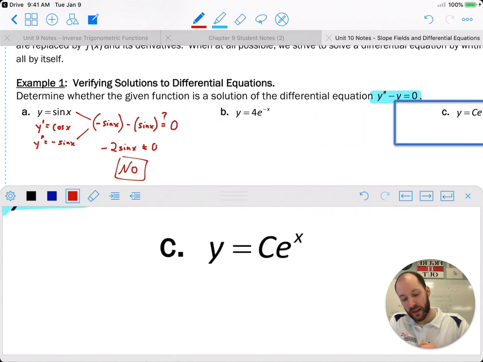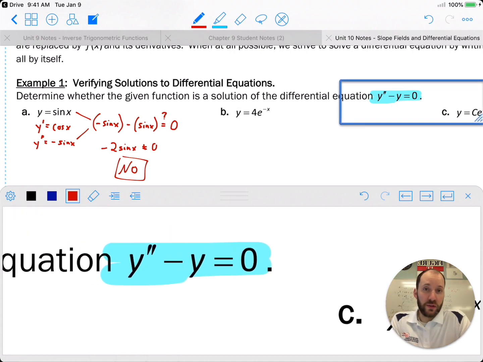E to the x, that also kind of cycles through the same values when you're finding derivatives. So one thing you can do to notice the pattern is to say, hey, is what I'm taking the derivative of going to give me relatively the same output for y prime, y double prime, y triple prime?